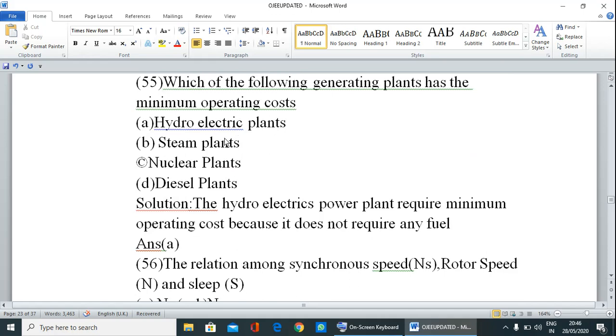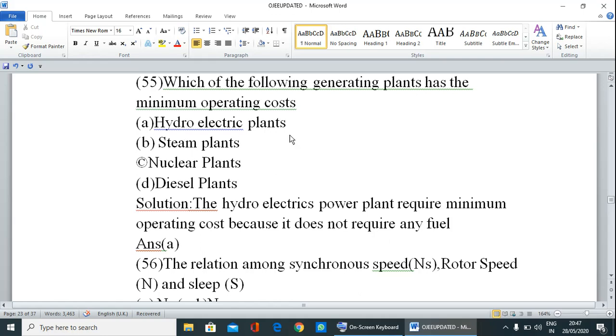Hydroelectric power plant is the correct answer because a steam plant, which is nothing but a thermal power plant, uses coal to produce electricity. A nuclear power plant also uses fuel, that is uranium, plutonium and so on. A diesel plant also uses fuel, that is diesel.